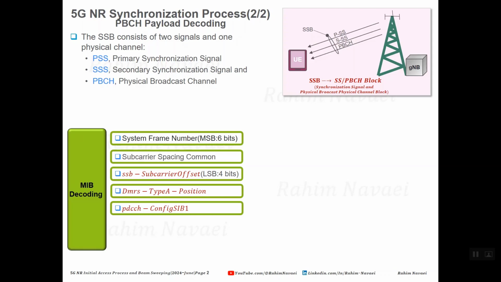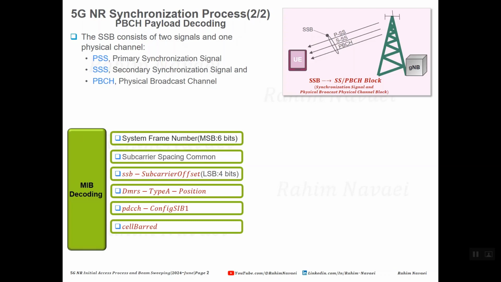This parameter essentially guides the 5G device on where and how to look for System Information Block Type 1, SIB1, which contains critical information for network access and operation.